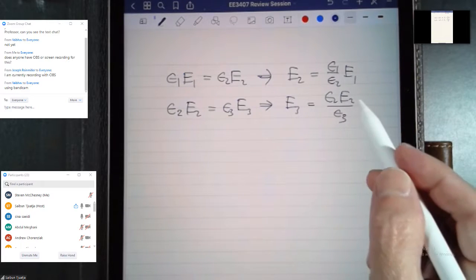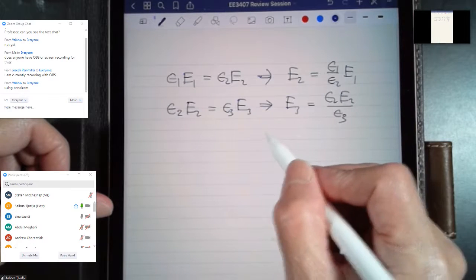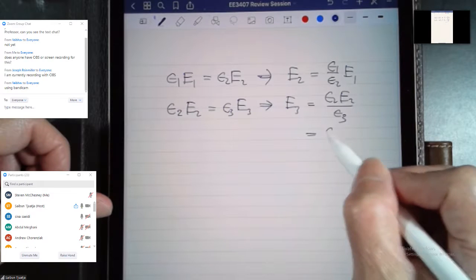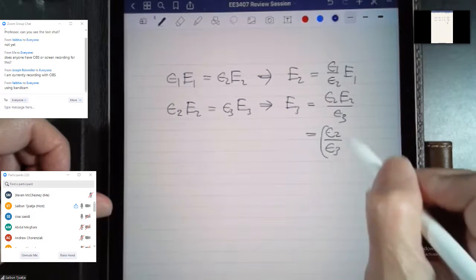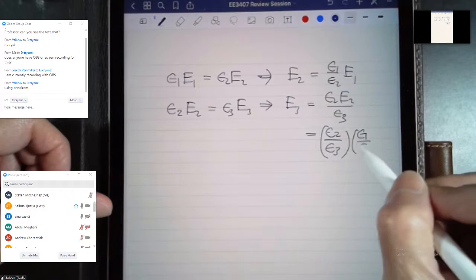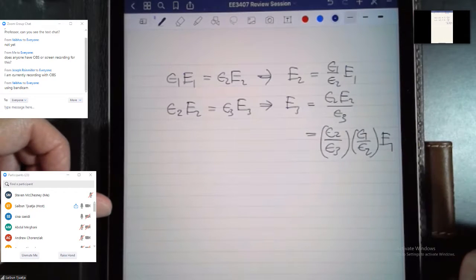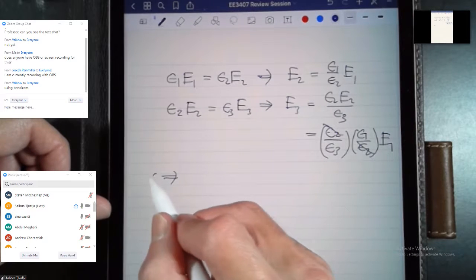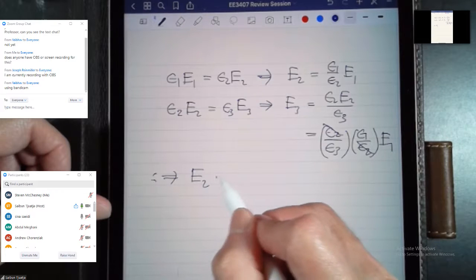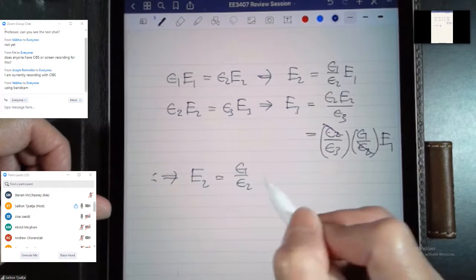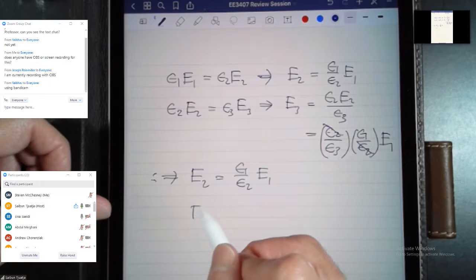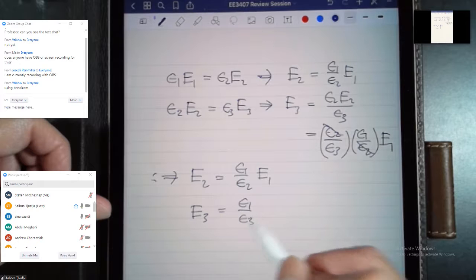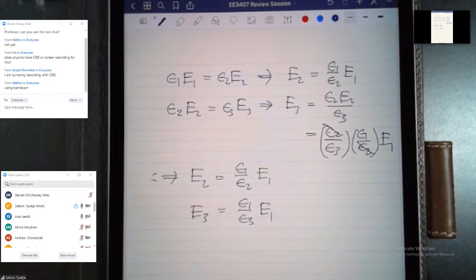Epsilon 2 E2 is related to epsilon 1 E1, therefore E3 equals epsilon 2 over epsilon 3 times epsilon 1 over epsilon 2 E1. So actually, this cancels out. I have the following relation: E2 equals epsilon 1 over epsilon 2 E1, and E3 is equal to epsilon 1 over epsilon 3 E1. So I express everything in terms of E1 now.